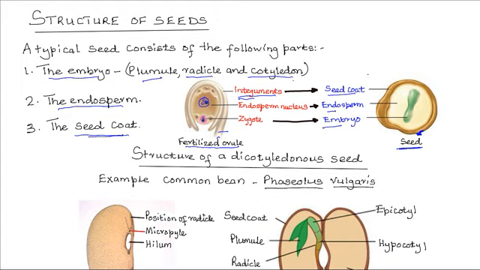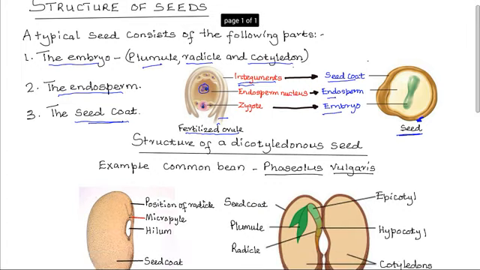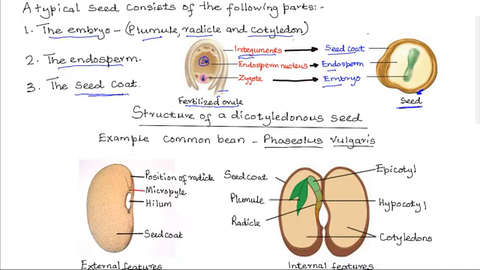Now we look at the structures of a dicotyledonous seed and a monocotyledonous seed to understand the various features. Now, a good example of a dicotyledonous seed is a common bean, Phaseolus vulgaris.